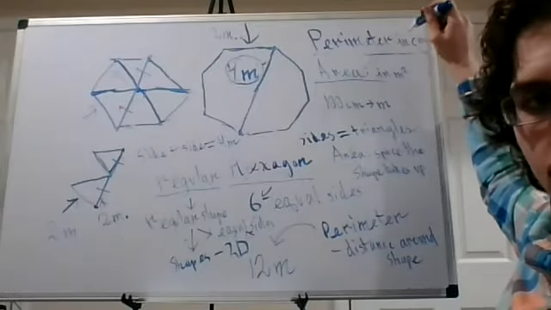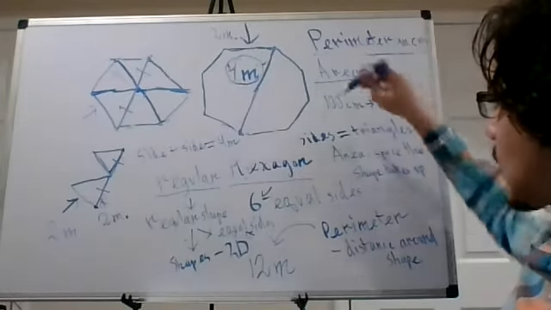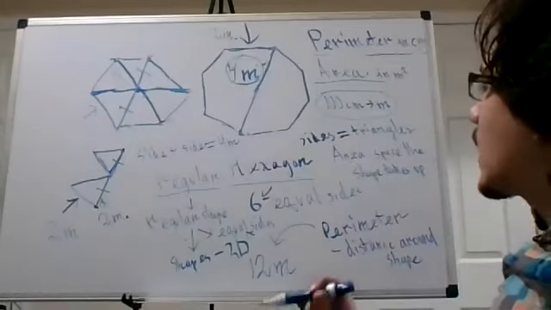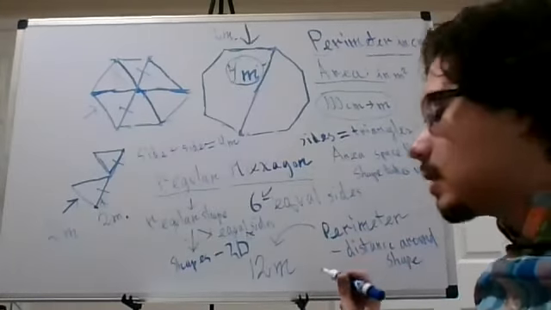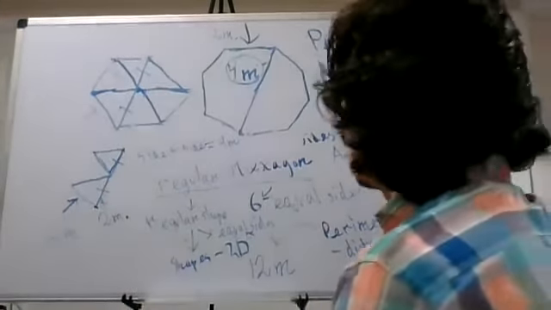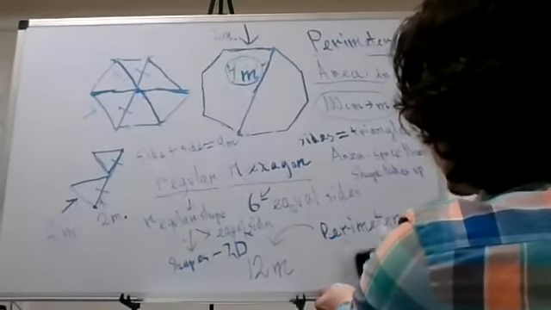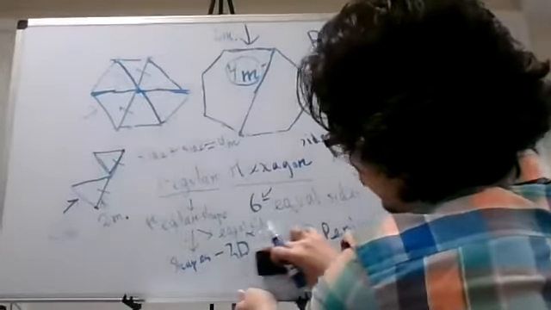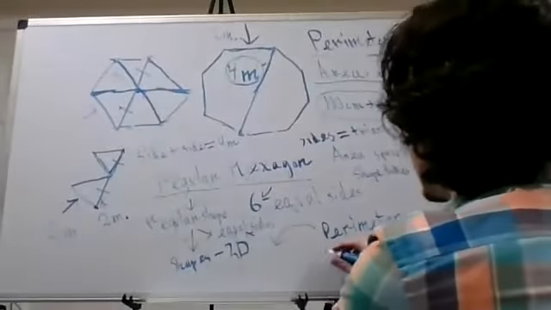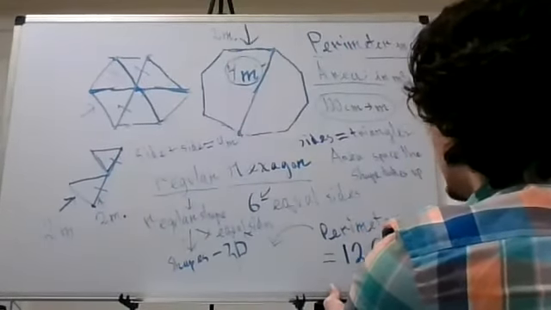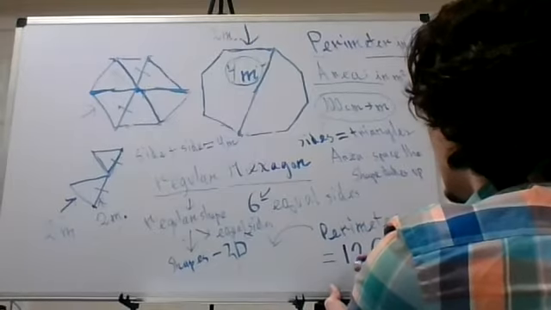You simply times it by 100. Perfect, because that's what we wrote up here. So 12 times 100 is 1,200 centimeters. So we know that our answer for perimeter is 1,200 centimeters.